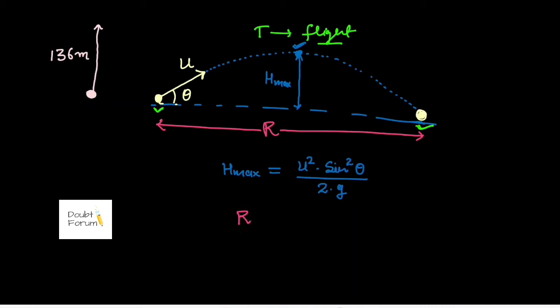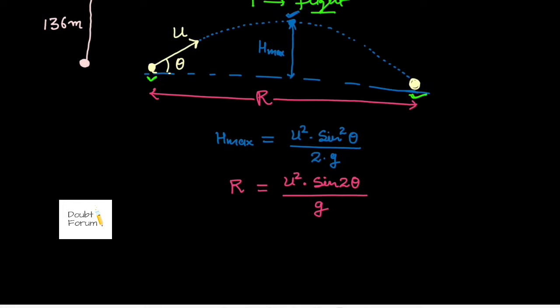The maximum horizontal distance covered by the projectile can be calculated by using the formula u square sine 2 theta upon g, and the time of flight of the projectile can be calculated by using the formula 2u sine theta upon g.